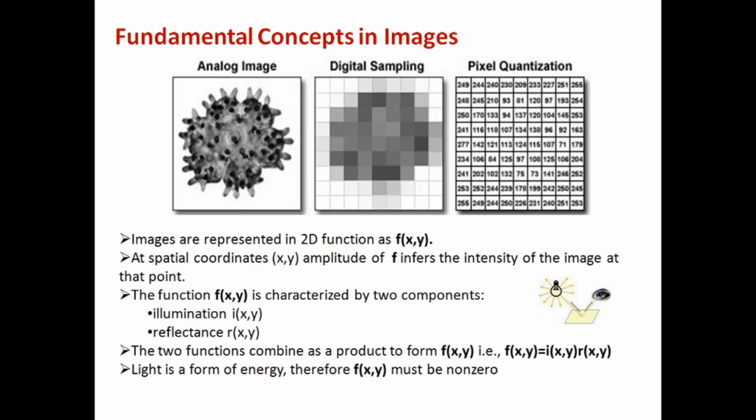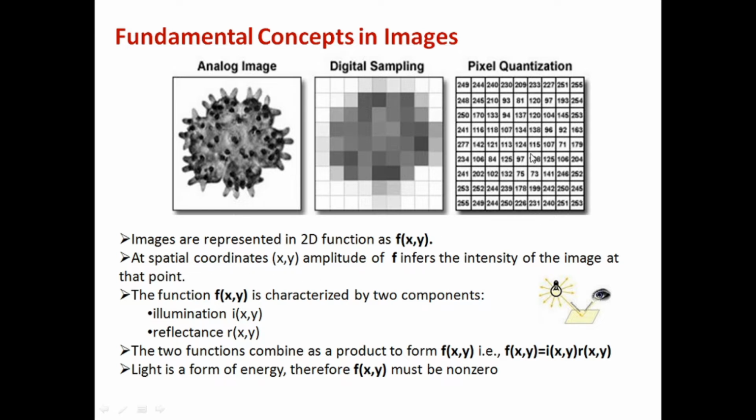So, images are represented by a 2D function, that is f of x comma y. So we have the x coordinate as well as the y coordinate. And f of x comma y: if x comma y is some location in this image, then I am going to call these x comma y locations spatial coordinates.